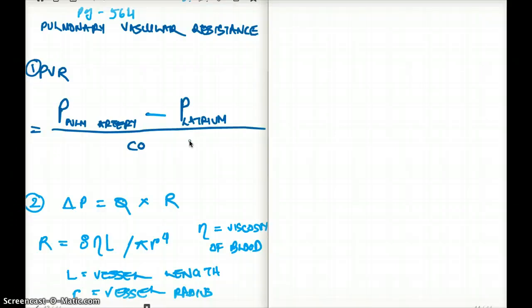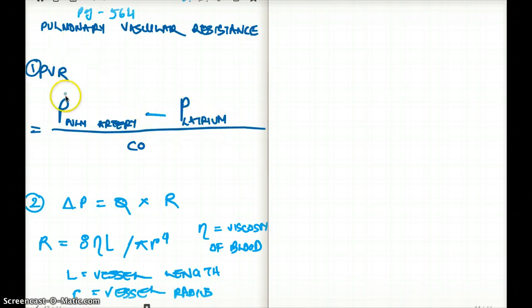That gives our pulmonary vascular resistance, the resistance provided only by the pulmonary vessels, minus the resistance of the wedge pressure.